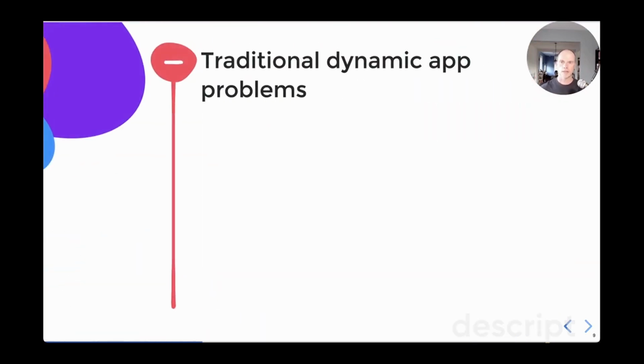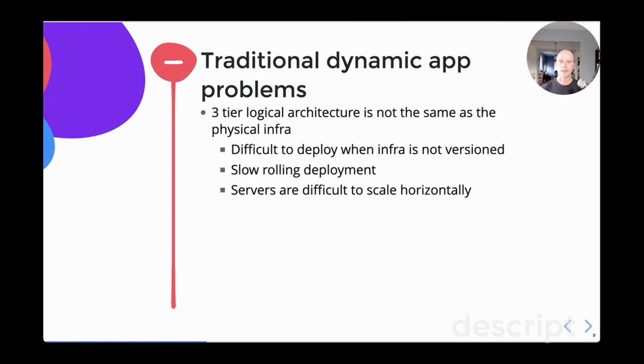So in a traditional dynamic app, there are a number of problems. First off, the three-tier logical architecture is not the same as the physical infrastructure. It's a little difficult to deploy when the infrastructure isn't versioned. You're slow rolling out all the deployments because you have to hit all those different servers. And servers are kind of difficult to scale horizontally. And then it's slow to render because the HTML is coming from a traditional database, and with the connection-based pooling mechanism that they have, they tend to be a little bit slower than some of our modern databases.